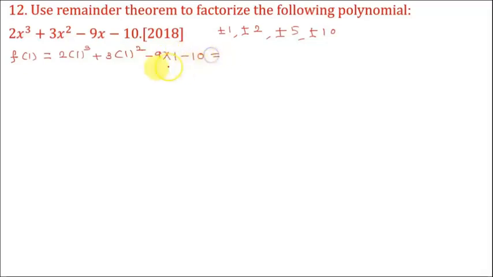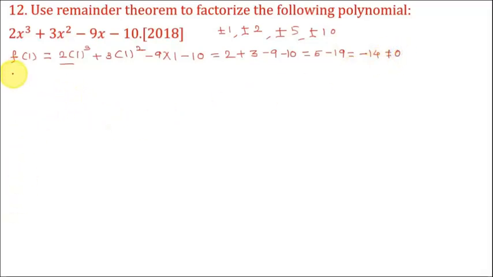Simplifying, 2 plus 3 is 5, minus 19, which equals minus 14, not equal to 0.